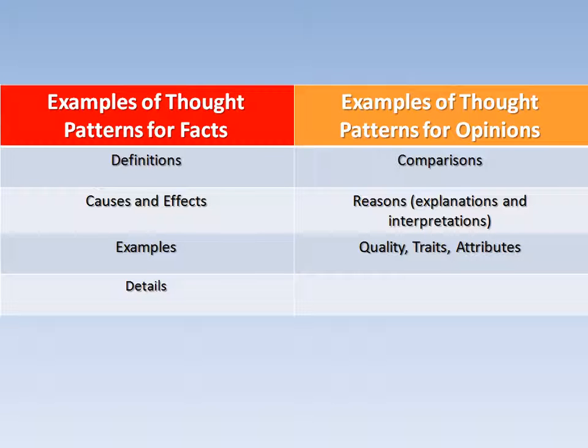Examples of thought patterns for opinions: when you're doing comparisons, or you're stating various reasons, explanations, and interpretations. Quality, traits, attributes, and features, I might add. Well, of course, some comparisons and traits are factual, and authors can present possible or probable causes and effects that haven't even been proven. So an effective reader and a critical thinker must analyze the context of each statement.